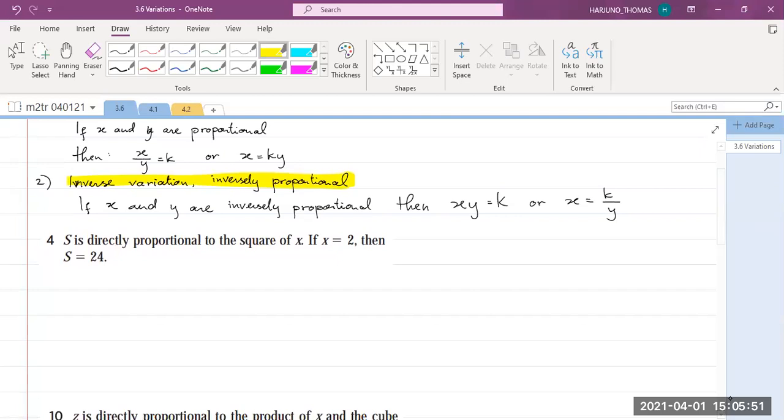Number 4, the easiest one: S is directly proportional. And they actually don't need to use the word directly if they already say proportional. Okay, now S is directly proportional to the square of X. You know what? Let me mark it in yellow.